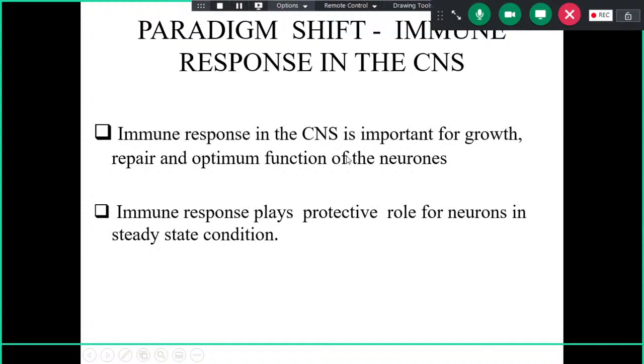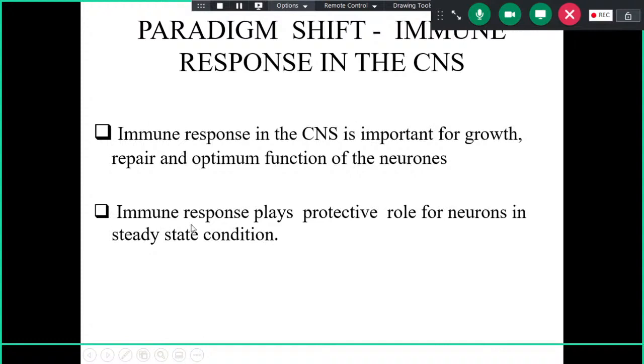The paradigm shift is that the immune response in the CNS is important for the growth, repair, and optimum function of the neurons. For the healthy homeostasis of the brain, or healthy activity of the neural tissue, a certain amount of immune response component, like natural antibodies or the presence of B cells or T cells, is important. The immune response plays a protective role for neurons in steady state condition.